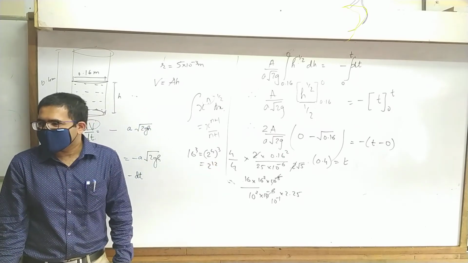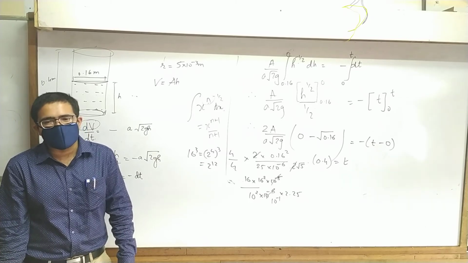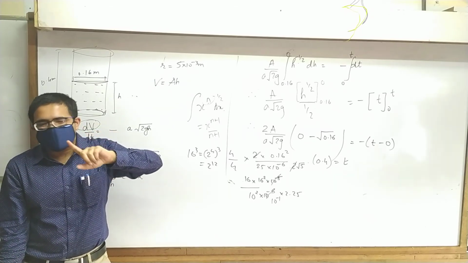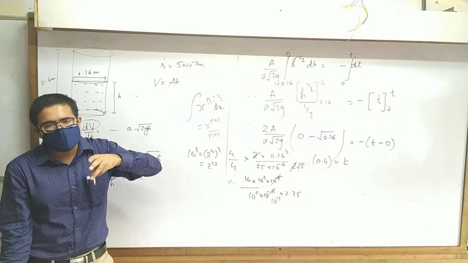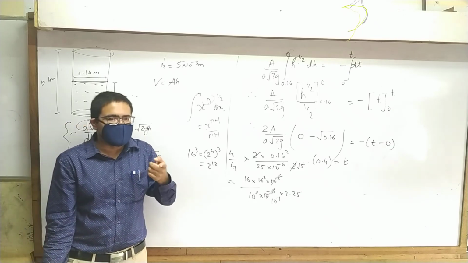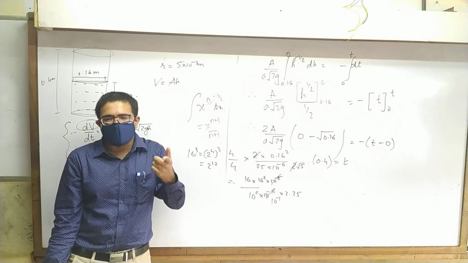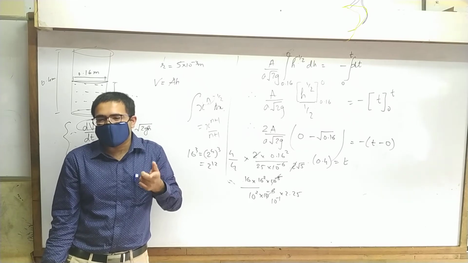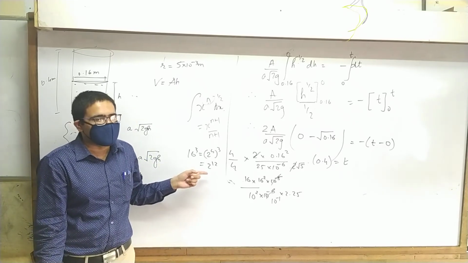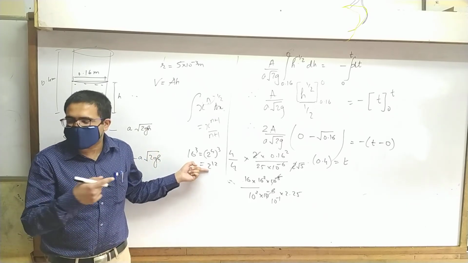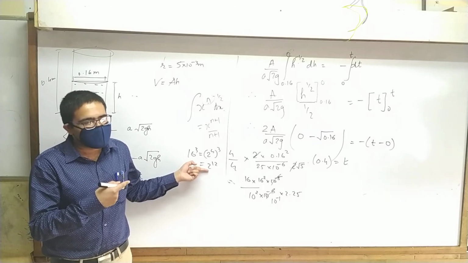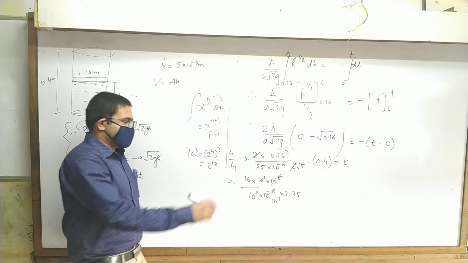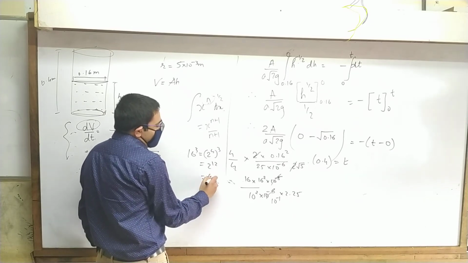If not, start saying them. 2 raised to 0 is 1, 2 raised to 1 is 2, 2 raised to 3 is 8, up to 2 raised to 11 is 2048. 2 raised to 12 is 4096.